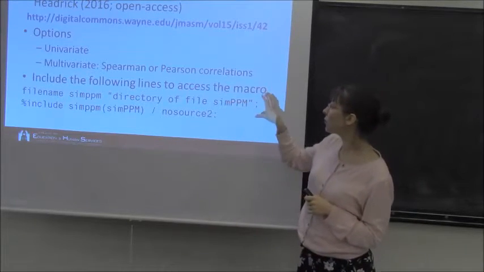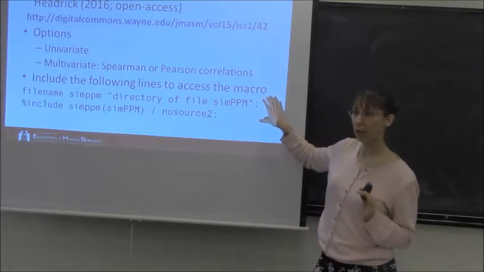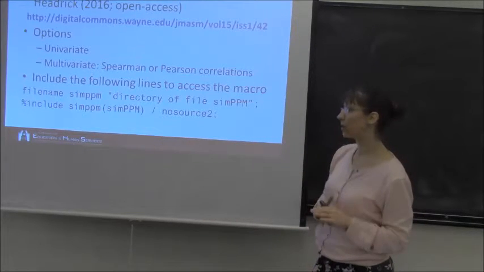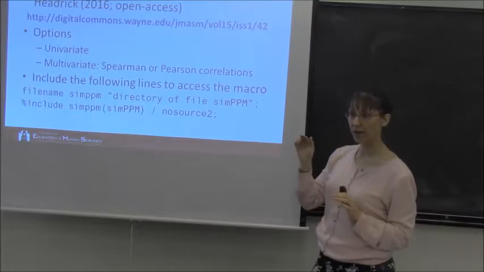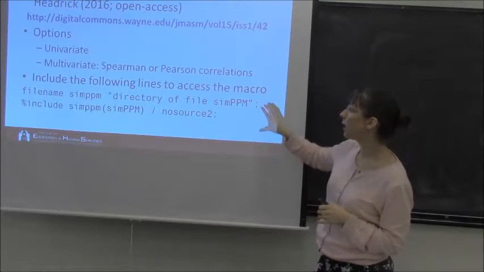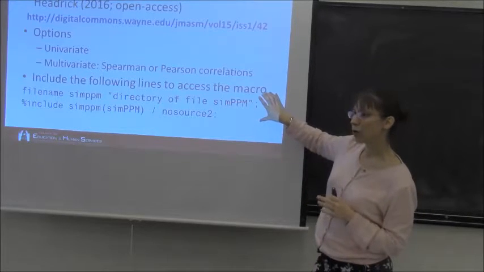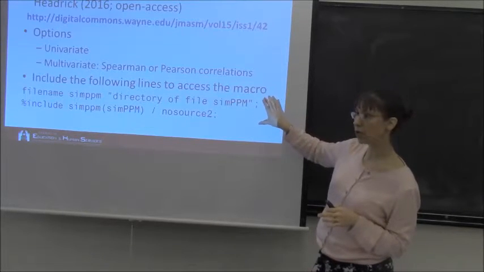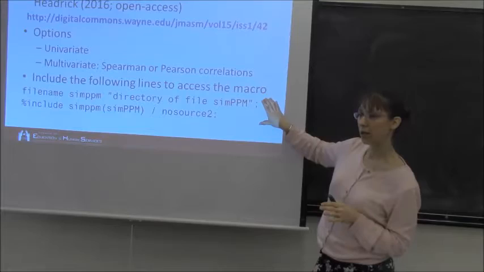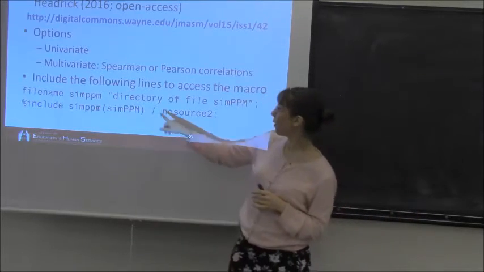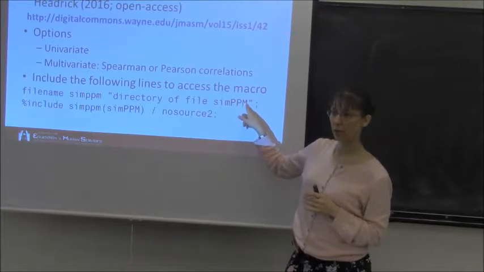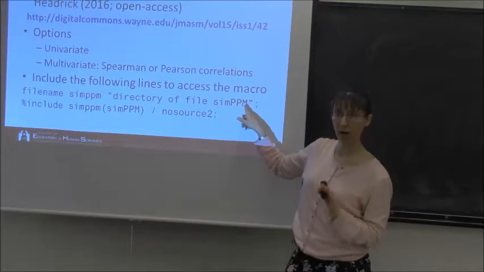So, first of all, you have to tell SAS where the macro file is, because I've done all the programming, and it's all in this sim.ppm.sas file that you can download. So you're going to include these two lines of code. Just copy and paste these two lines of code into SAS and submit them. The only thing you have to change is what the directory is that you put that file in.